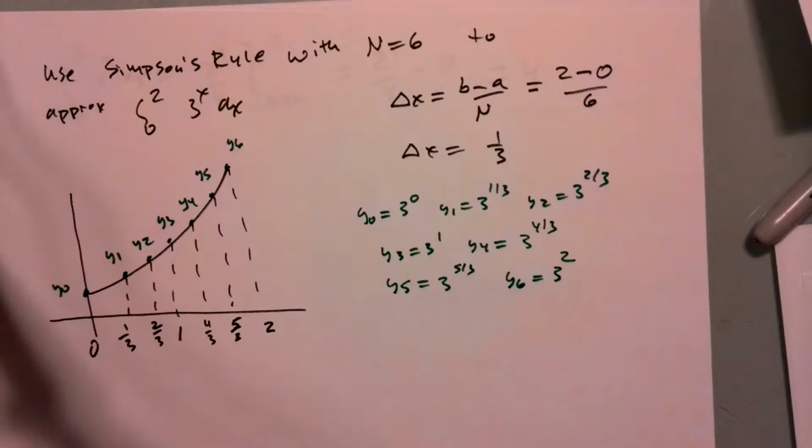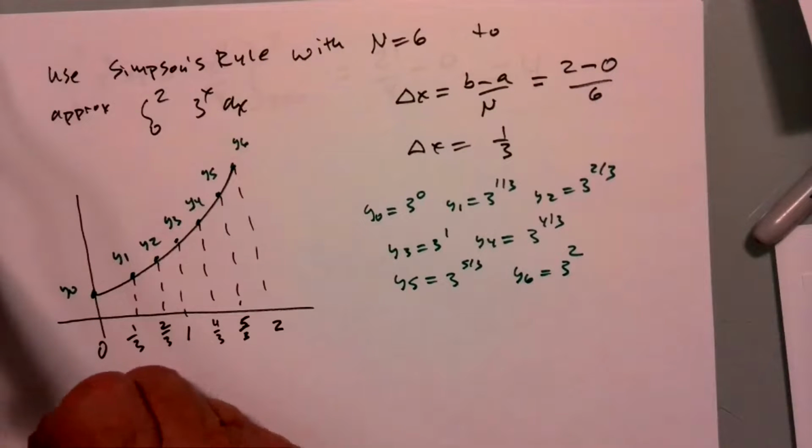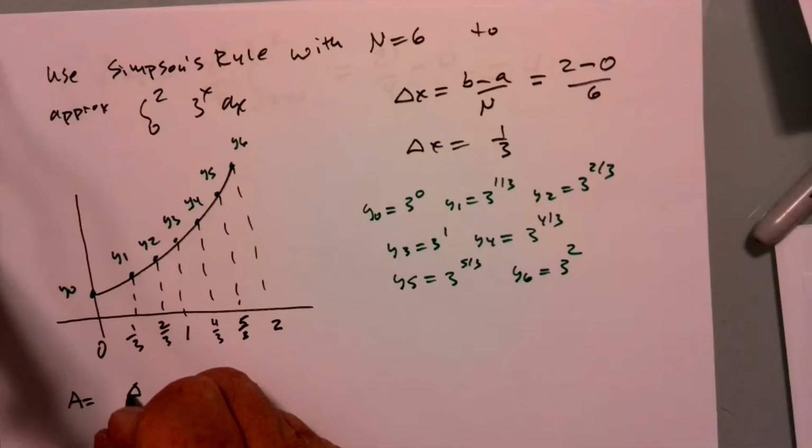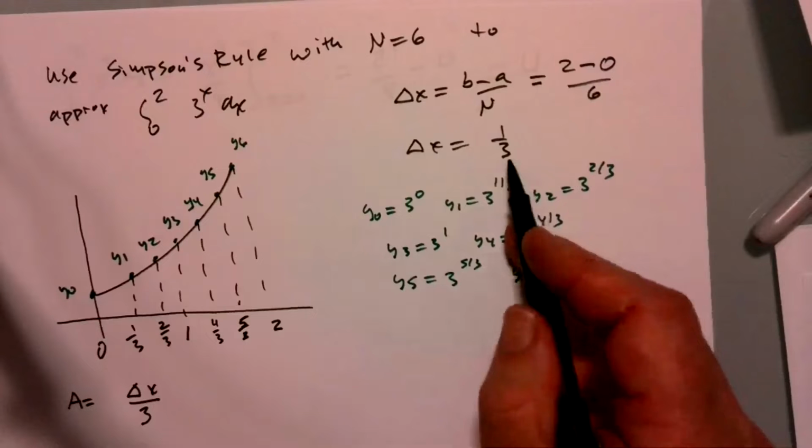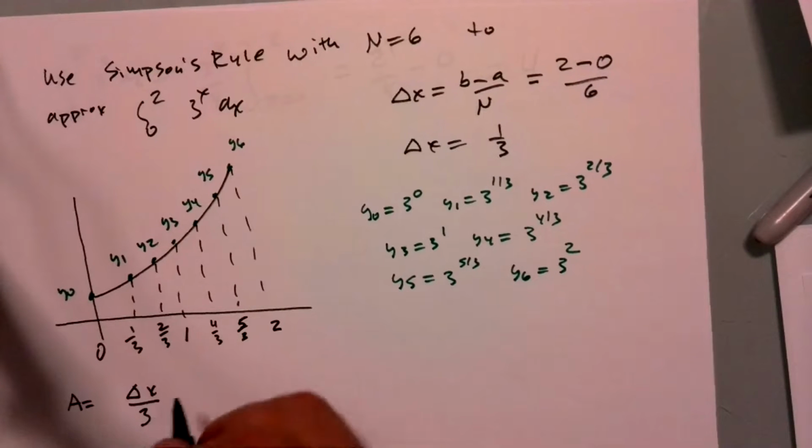So what is my strategy here? If we are using Simpson's rule to get this, what is my area going to be? Area is going to be change in x over 3. Remember, for trapezoidal rule, we had to multiply by 1/2. Here we're going to multiply by 1/3. So our change in x is 1/3, divided by 3 will give us a 9.